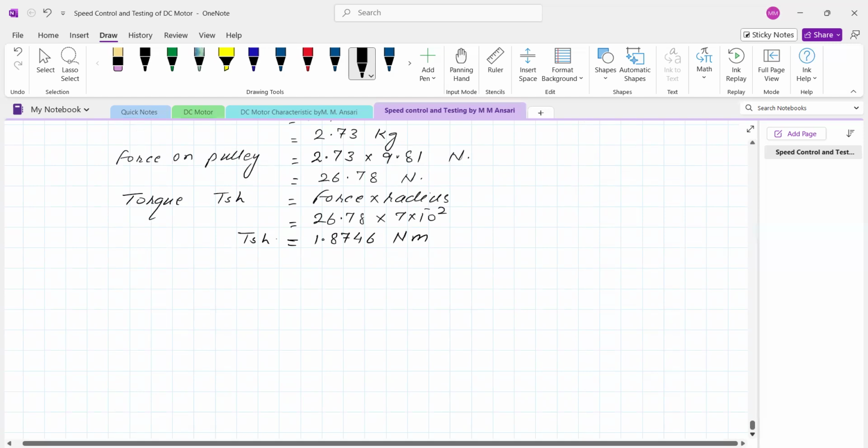Now power output. P out is equal to shaft torque into angular velocity.